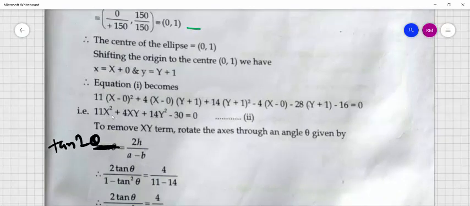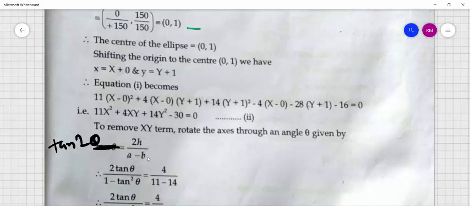11x square plus 4xy plus 14y square minus 30 equal to 0, that is obtained from equation 1. Now we have to remove xy. So we rotate the axis through an angle theta, and that is given by tan 2 theta equal to 2h upon a minus b.